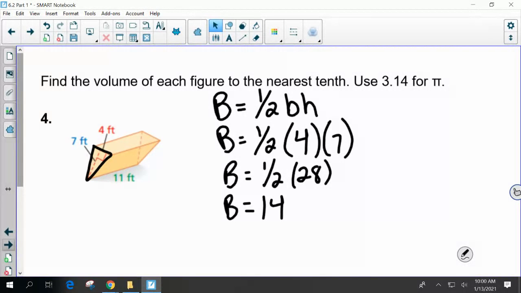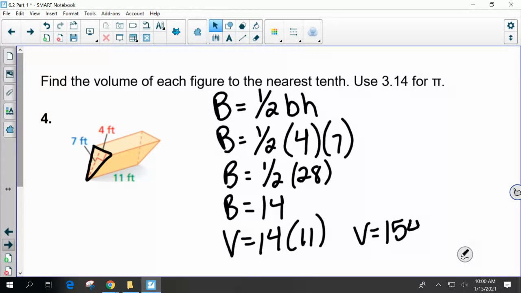Okay, so then for my volume, I'm taking 14 times the number I have not used yet. 11. What do you get? 154 feet cubed.